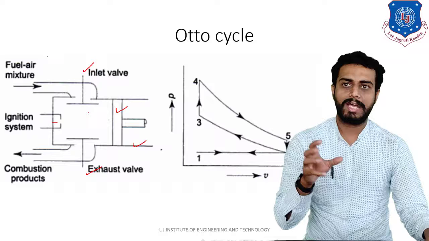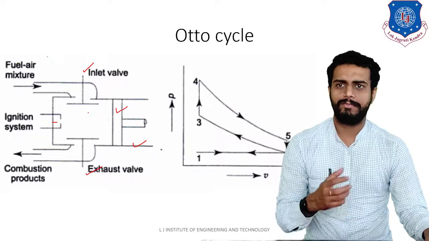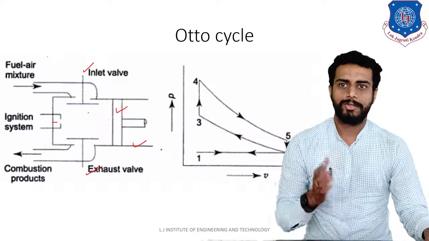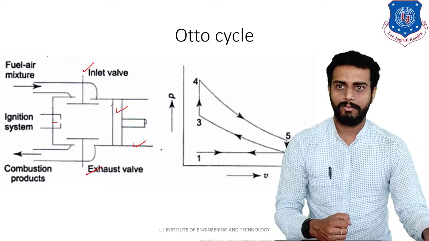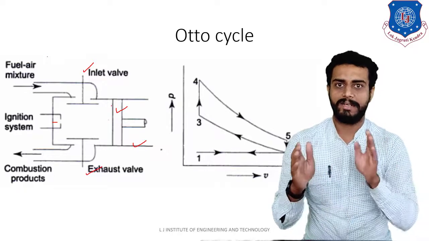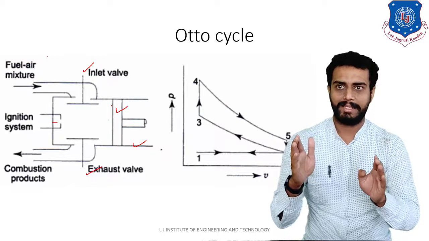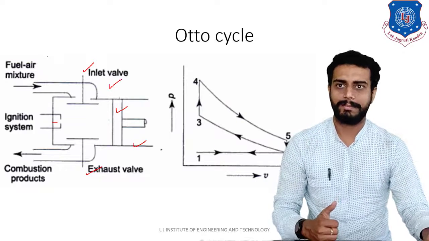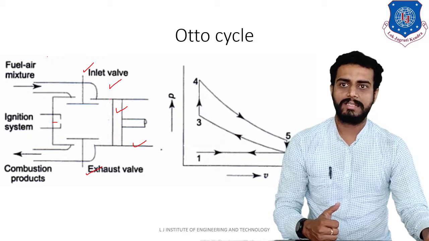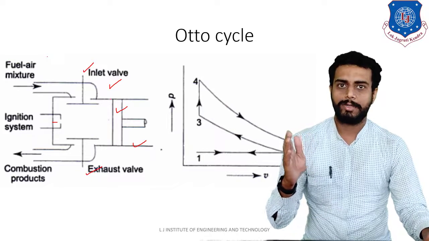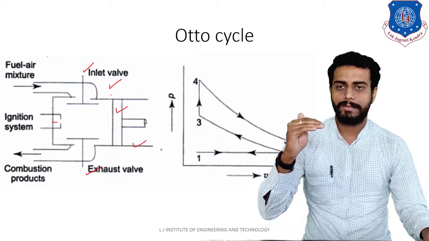But here we are discussing first the mechanical cycle, so we will first understand the operations. In order to understand the operations, we will start with position number one. Simultaneously we will observe the PV diagram and the block diagram shown over here. Initially, let us consider that this is the inner dead center, or you can say the top dead center.